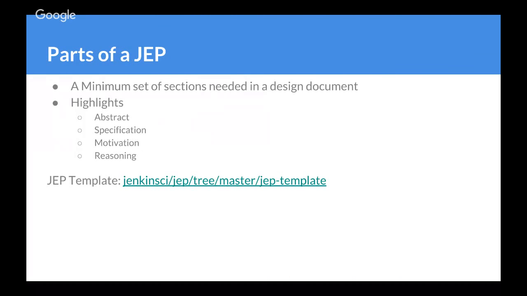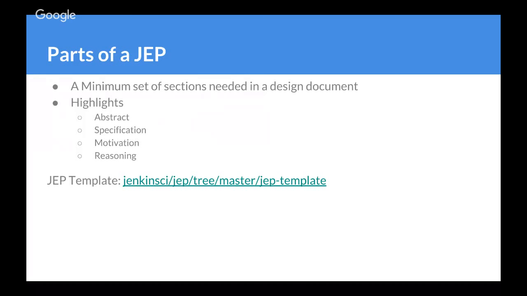So let me talk for a minute about the parts of a JEP. The design of the JEP specifies that we should have a certain set of sections that you have to have. There's, I think, 10 of them overall, but I don't want to spend too much time on the details of that, but let me give you at least a few highlights.